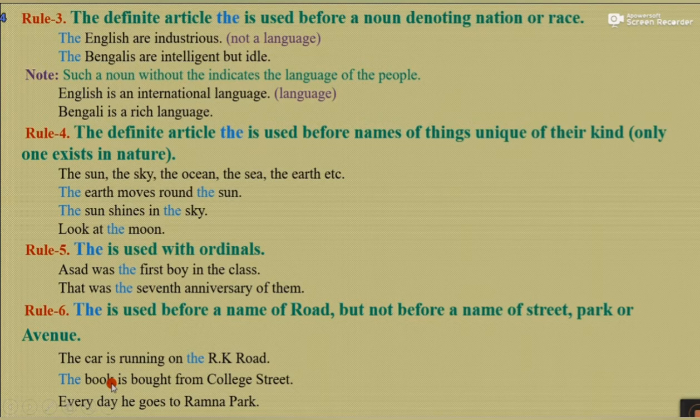For example, the book is bought from College Street. Here, College Street is mentioned, but the is not used before College Street.